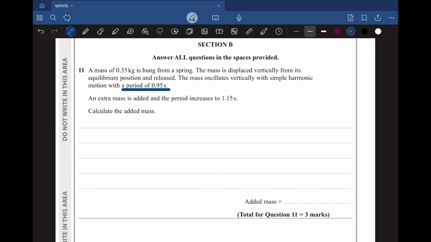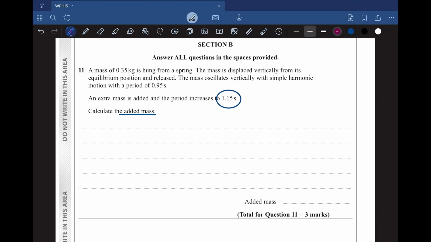An extra mass is added and the period increases to 1.15 seconds. Calculate the added mass. So they have asked us to calculate the mass that was added, after which the time period has increased from 0.95 to 1.15.